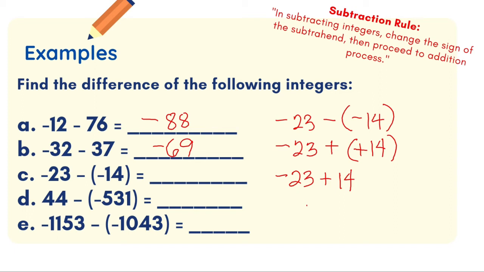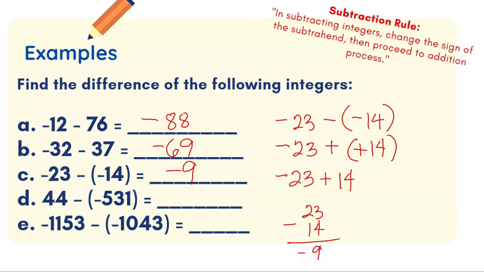So therefore, ang magiging sagot natin dito is 23 minus 14, that is 9, and we copied the sign of the larger absolute value. So that is negative 9. Kung nalilito tayo sa addition process, pwede natin balikan yung ating previous video para tayo ay maliwanagan.